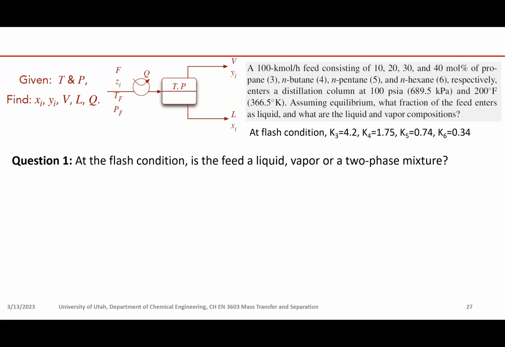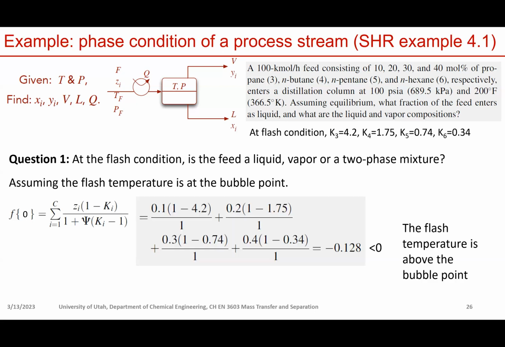So now the flash temperature is above the bubble point. The next thing we need to check is whether the flash temperature is below the dew point.